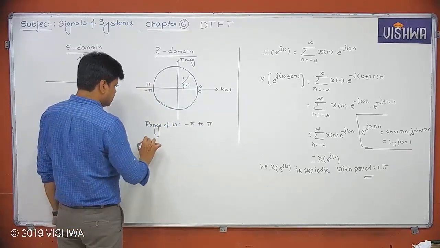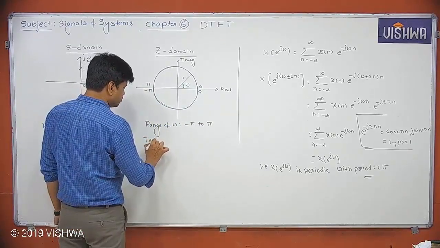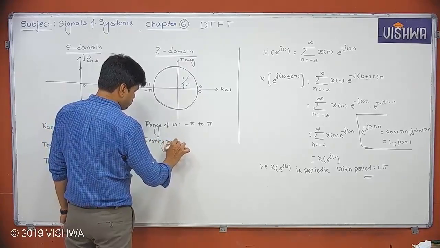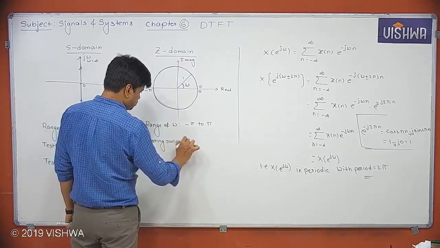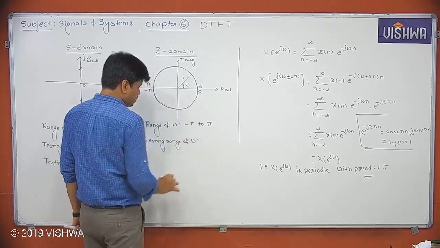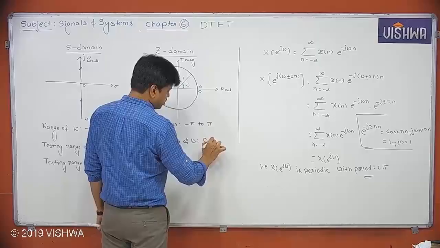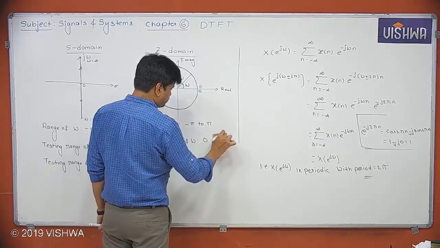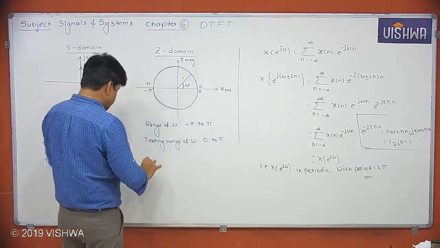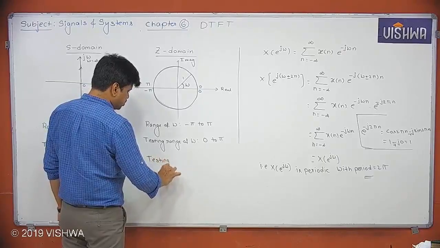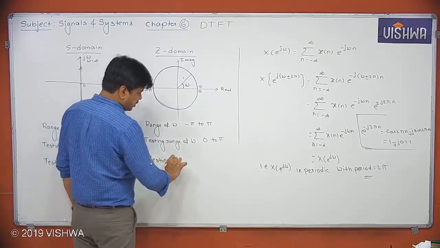Now, what is the testing range of omega? It is 0 to pi. We don't take negative frequencies. What is the testing range of Z? You can understand later.